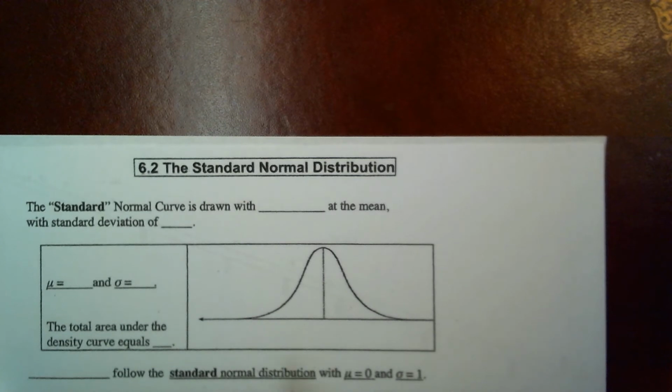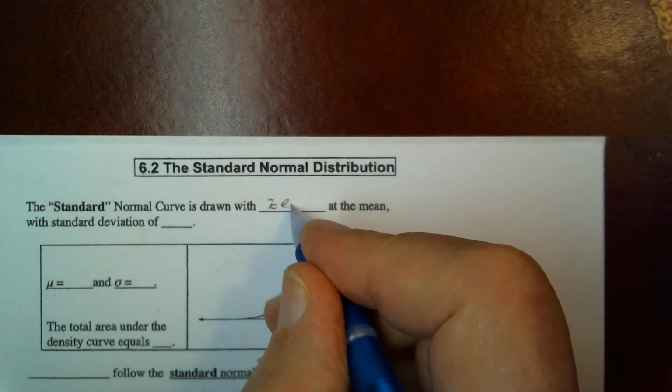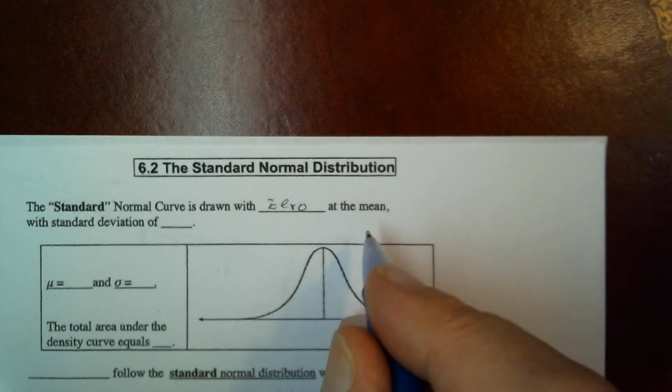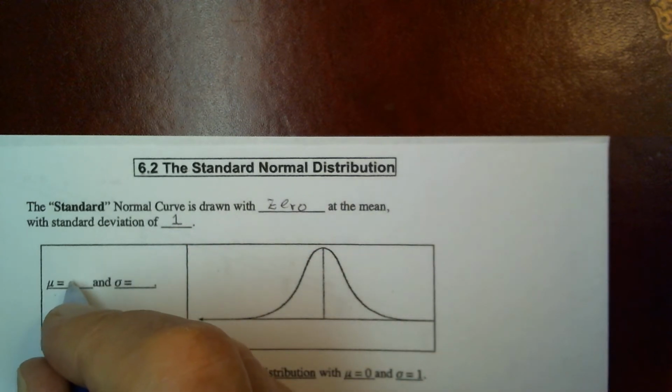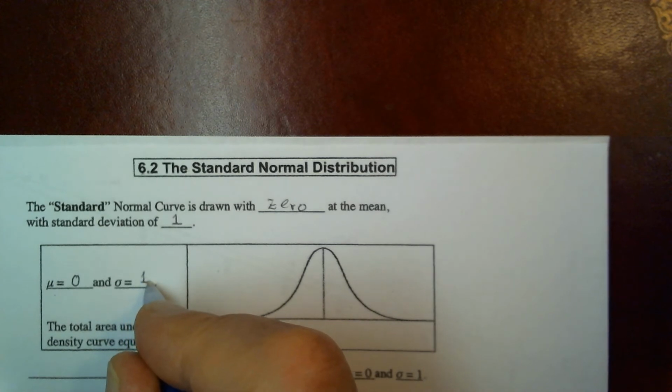So when we look at the standard normal curve, it is drawn with 0 at the mean and a standard deviation of 1. So symbolically, mu equals 0, and the standard deviation equals 1.